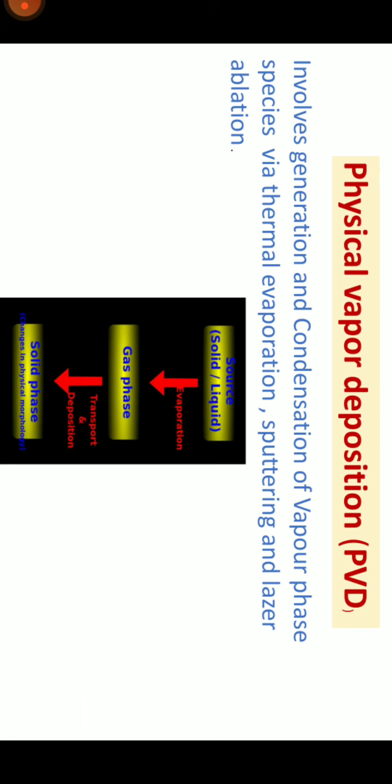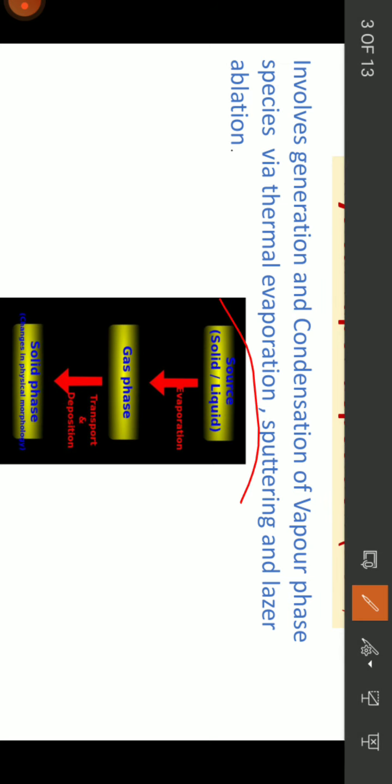In general, those methods are divided into two groups, that are evaporation and sputtering, which we'll be discussing in brief. PVD is characterized by a process in which the material first of all goes to the condensed phase, as shown in this diagram.